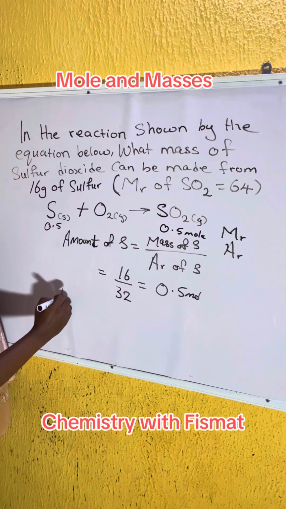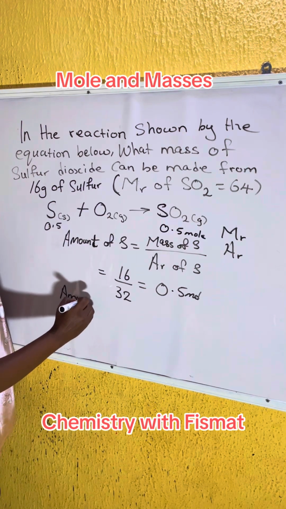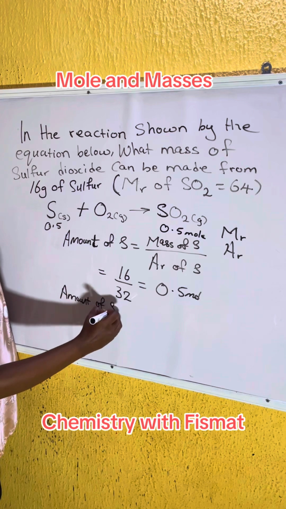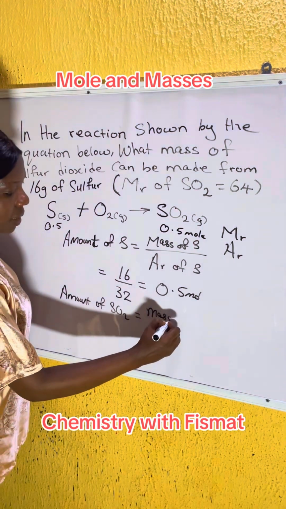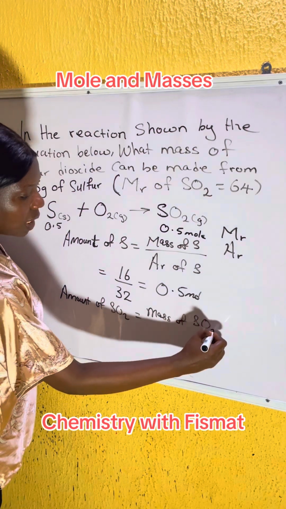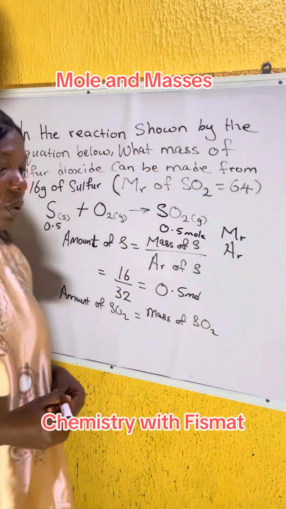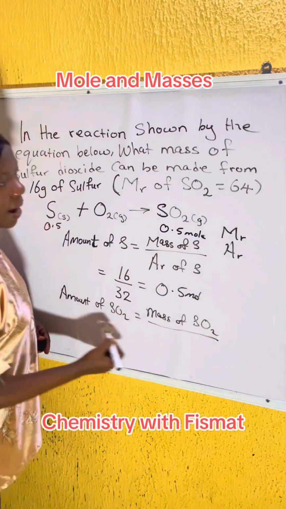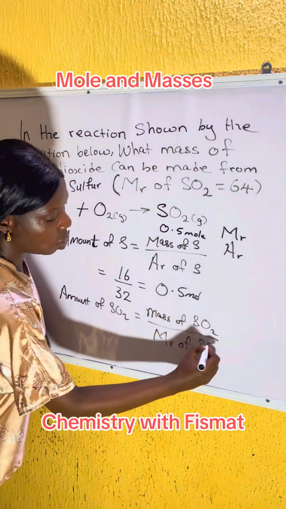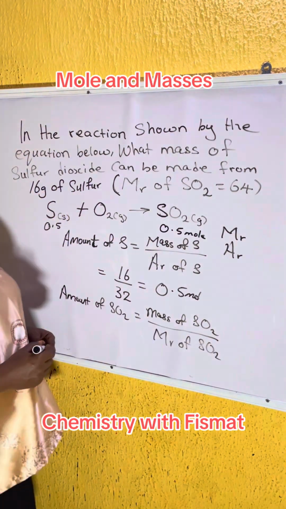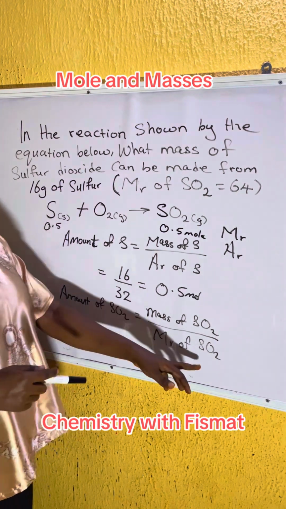So the amount of SO2 equals the mass of SO2, which is what we are asked to calculate, divided by the Mr of SO2. What is Mr? The relative formula mass of sulfur dioxide.